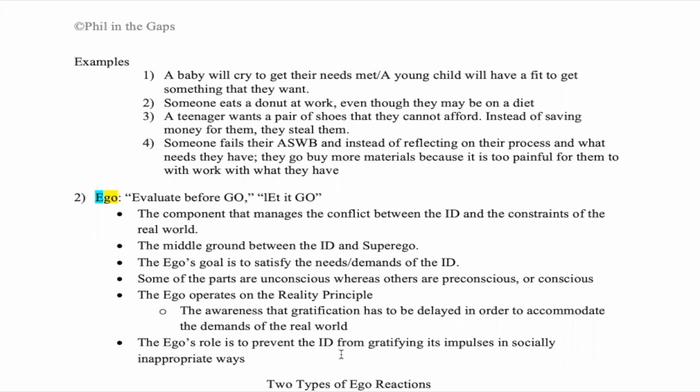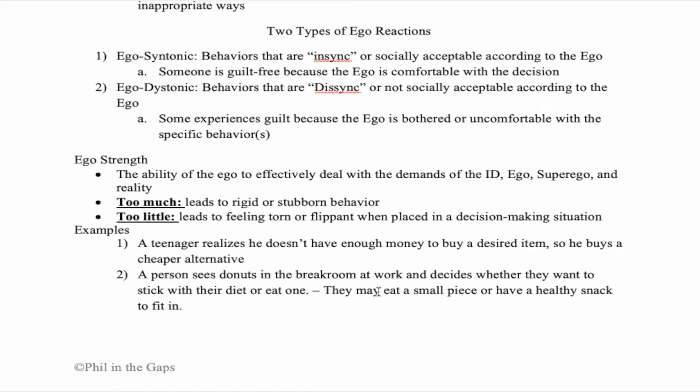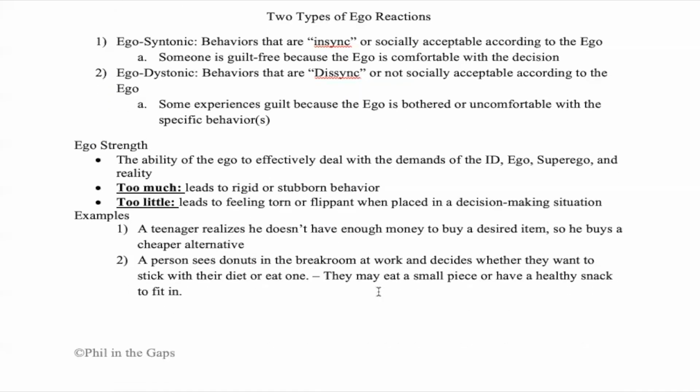So the ego's role is to prevent the id from gratifying its impulses in socially inappropriate ways. So that's the thing. The ego has a difficult job of combating the impulsive decision making while also balancing the demands of the world in general. So there are two types of ego reactions when it comes to balancing the demands of the world.